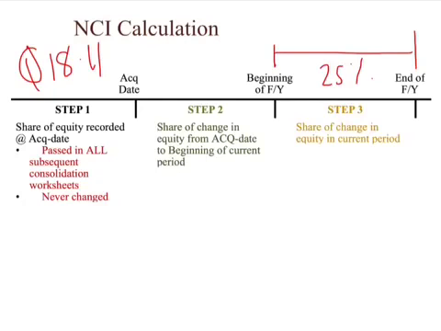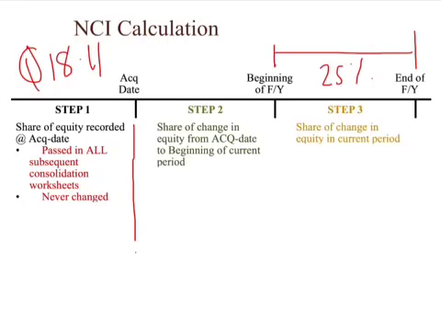Now, in the previous two videos, we've already seen that we calculate a basis value for our NCI on acquisition date, and that adjustment entry that we pass every year stays the same. There's no adjustment for any later decisions that relate to pre-acquisition equity.